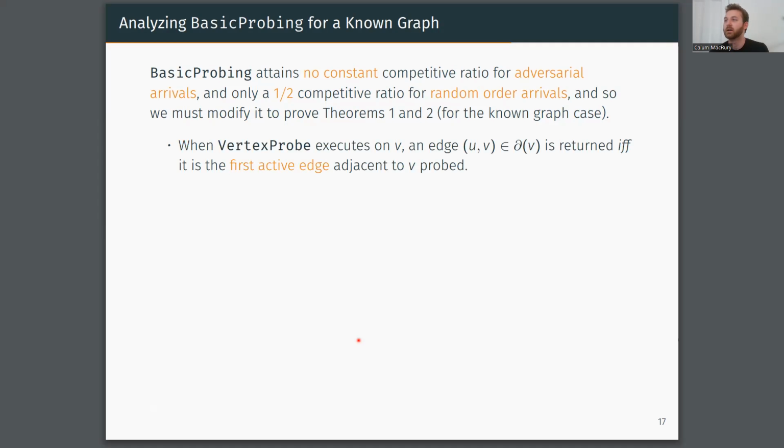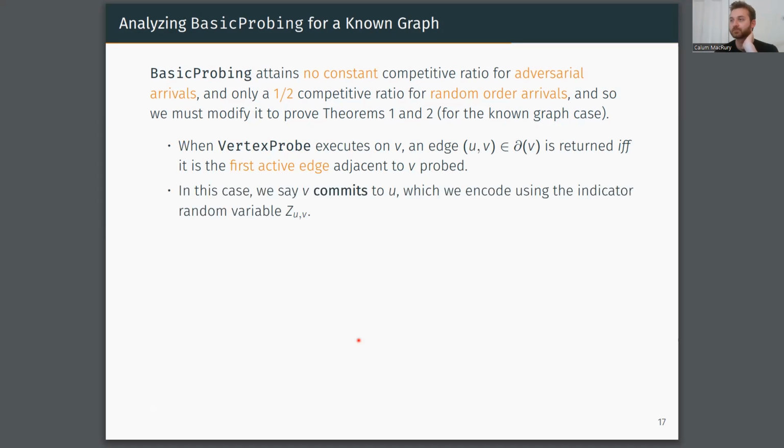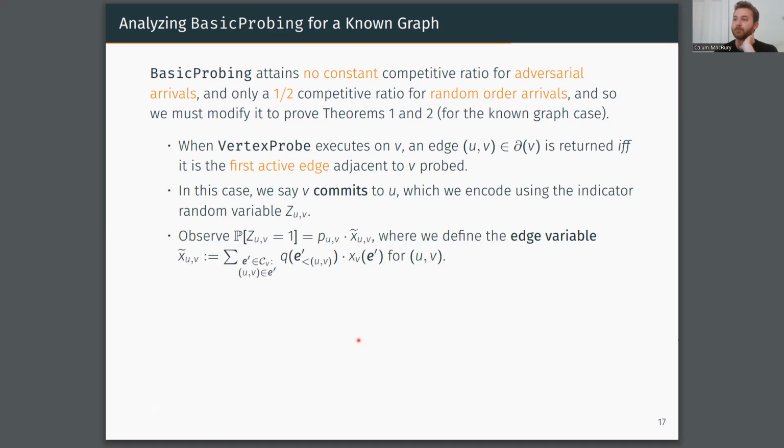Okay. So the first thing to observe is that when vertex probe executes, it returns an edge if and only if it's the first active edge adjacent to V that's probed. In this case, we say that V commits to U, and we encode this by the indicator random variable Z_UV.